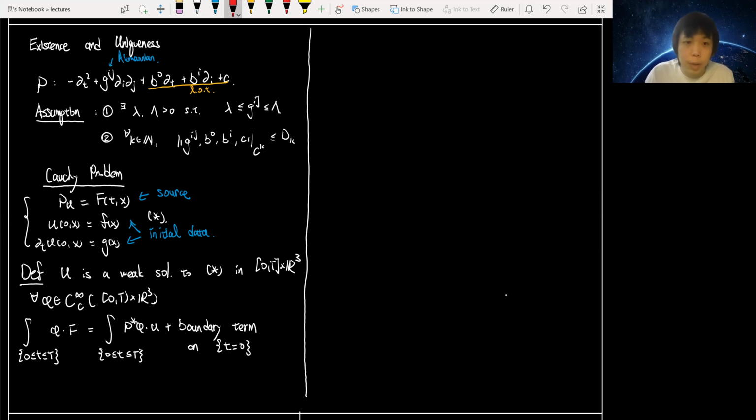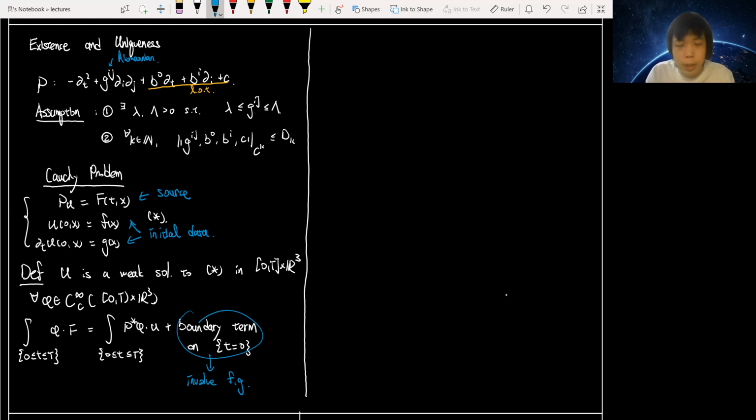So this is more or less the standard way to define the weak solution through integration by parts. Move the derivative to the other side. That's why we see the adjoint operator, P star. And in doing so, we are going to pick up the boundary term at t equals 0, which will involve the initial data, f and g.